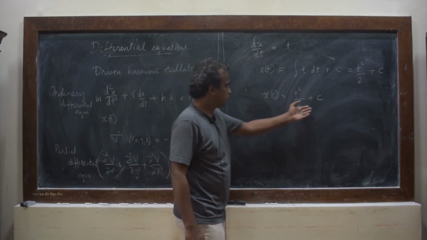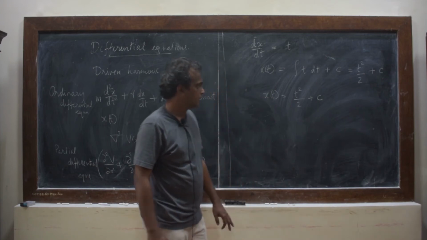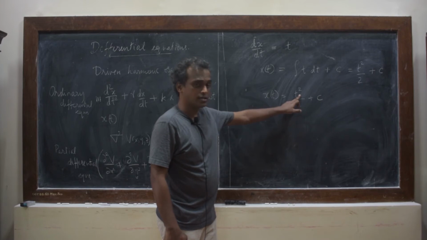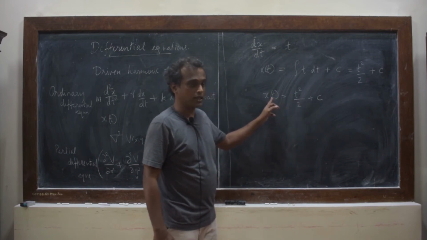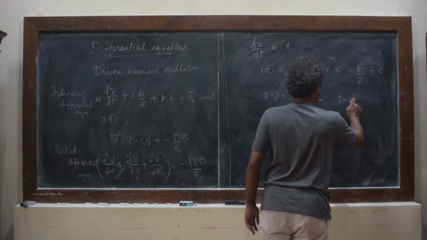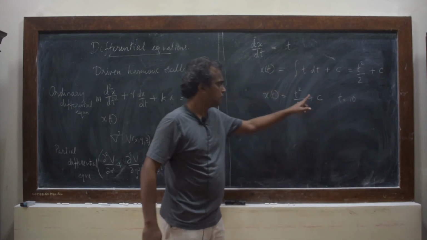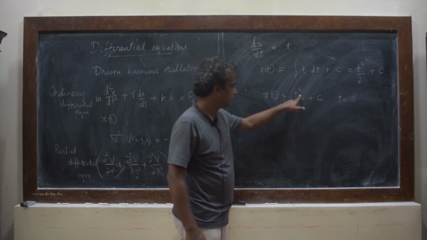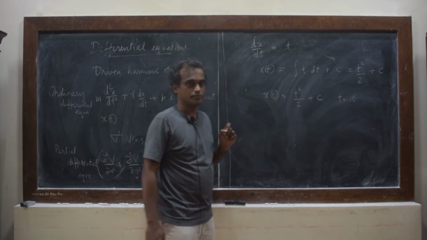As we can observe from the solution, if I am asked what the position of the particle is at a certain time t, let us say t equal to 10 seconds, I should be able to put the value of time t equal to 10 seconds here and obtain that position.